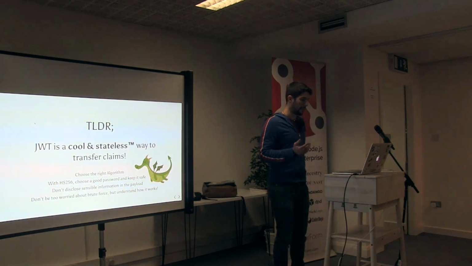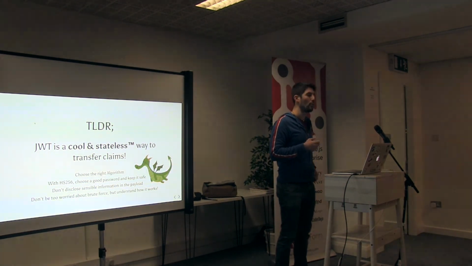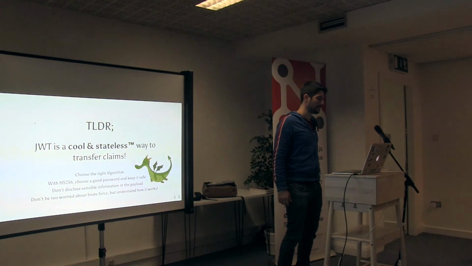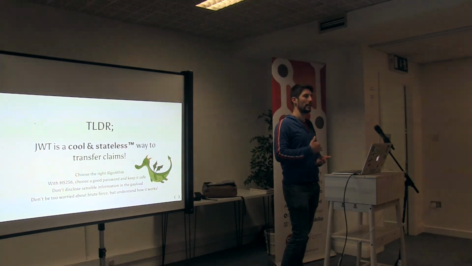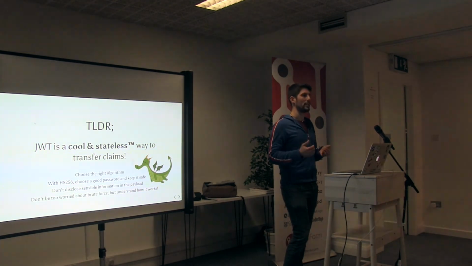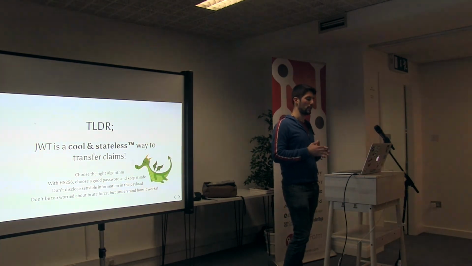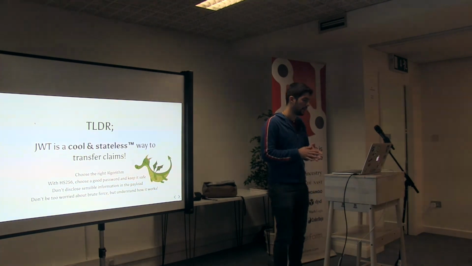Then, just to recap everything we saw today, I think that JWT is a cool and stateless way to transfer claims, and the thing that you need to be aware of is to choose the right algorithm. So most of the time we'll suggest you to use the asynchronous signature, and if you want to use the synchronous one, you need to make sure you are choosing a good password and that you are sharing it only with the services that need to validate the token.